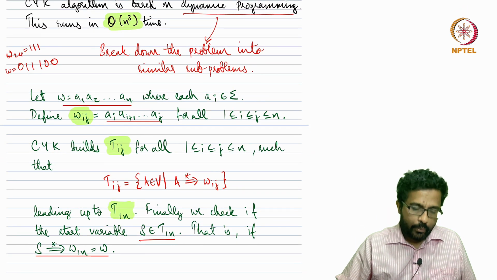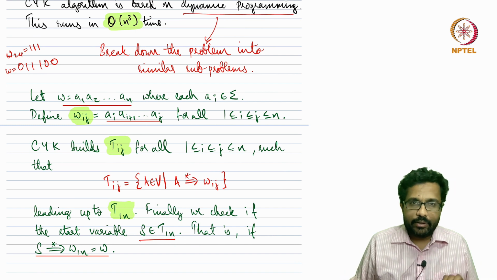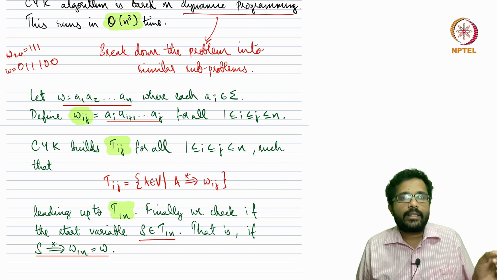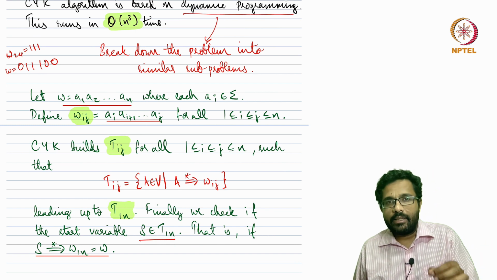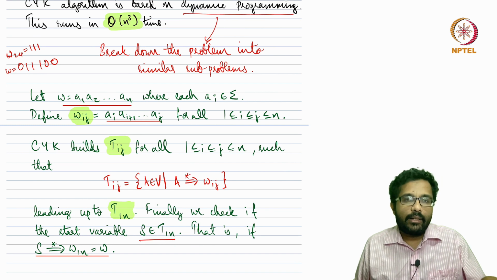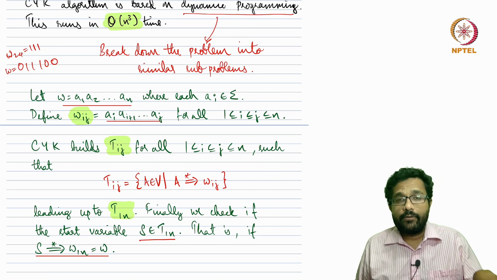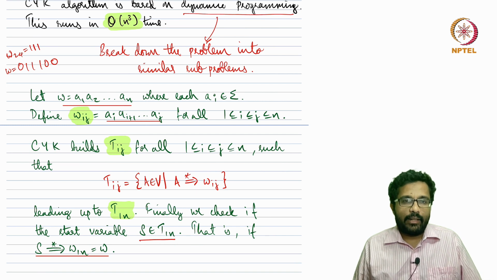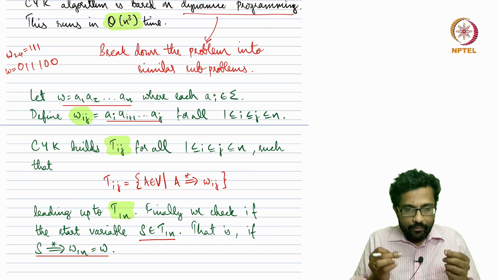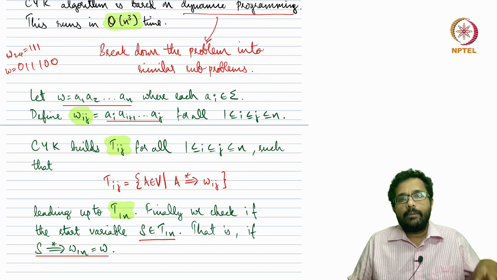So we have W, which is A1 to An, individual symbols. We define Wij, which is the substring from the ith symbol to the jth symbol, where i is less than or equal to j. Corresponding to Wij, we build sets Tij, which are the sets of variables from which the substring Wij can be derived, right? And we use the smaller Tijs to build the bigger Tijs.